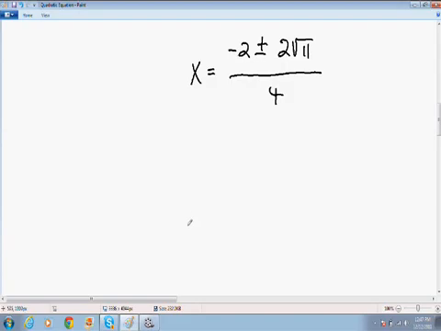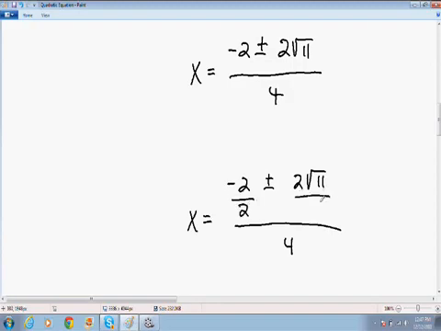What I like to do is rewrite the formula exactly the way it is with a little space on top. To simplify it, you need to divide every term by what they have in common. Since they all have a 2 in common, I'm going to divide every term by 2.